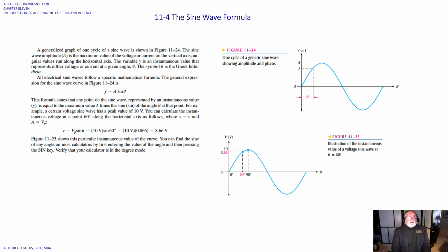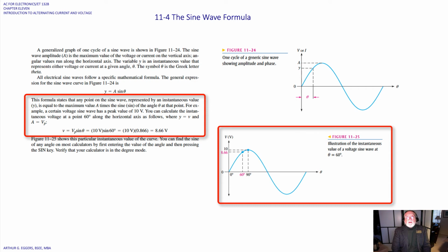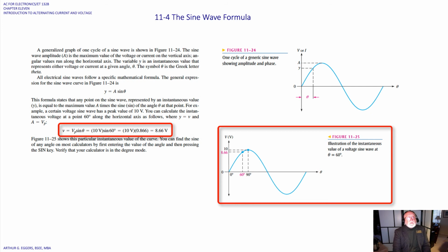For example, a certain voltage sine wave has a peak value of 10 volts. You can calculate the instantaneous voltage at a point 60 degrees along the horizontal axis as follows, where y equals lowercase v, the AC voltage, and the amplitude is equal to V sub P, the peak voltage. Now if we take those values and plug them into the sine wave formula, we have little v, the instantaneous AC voltage, equal to the peak voltage, V sub P, times the sine of theta.